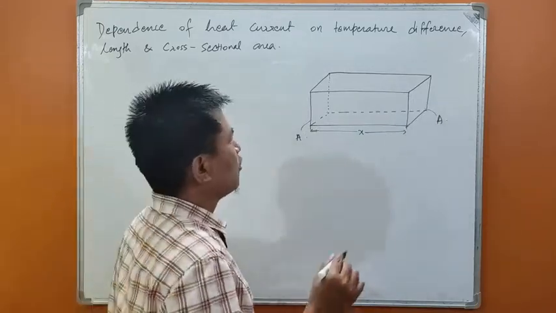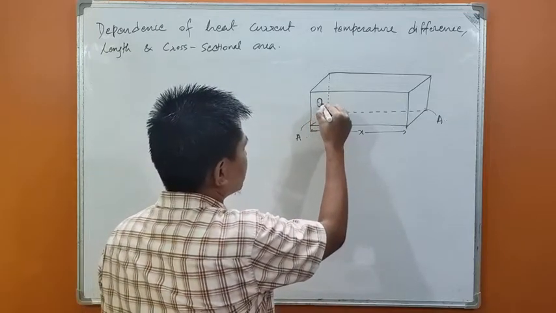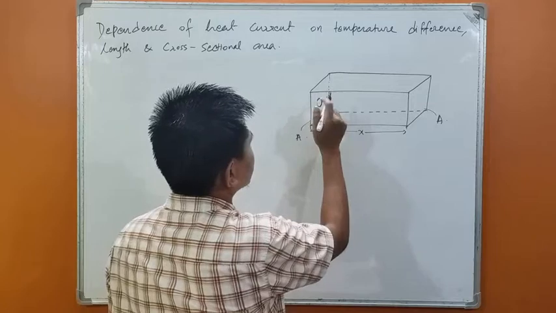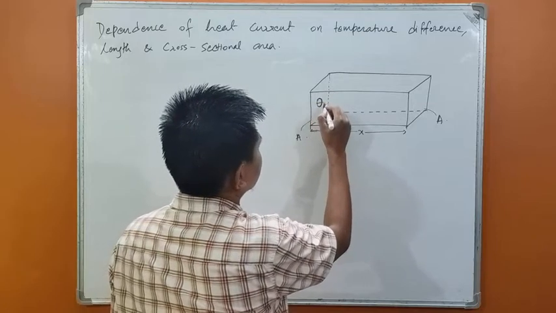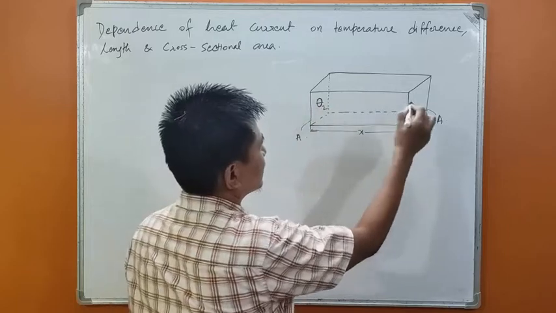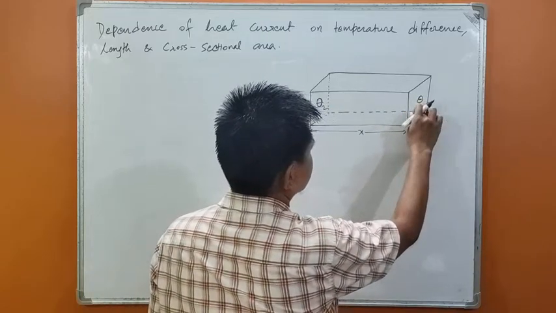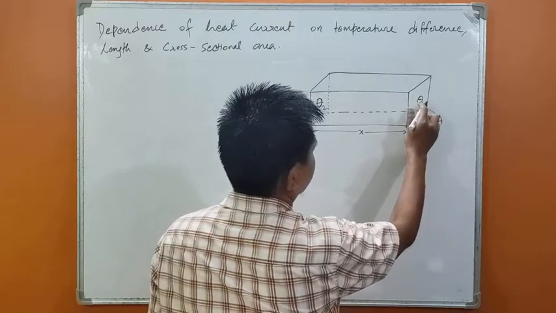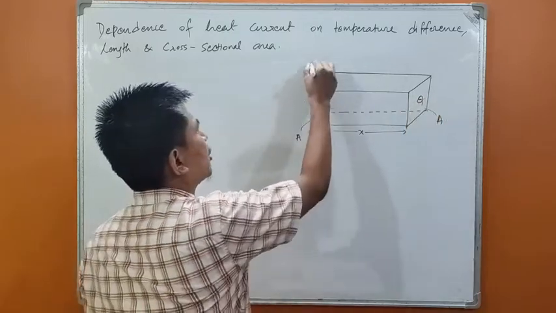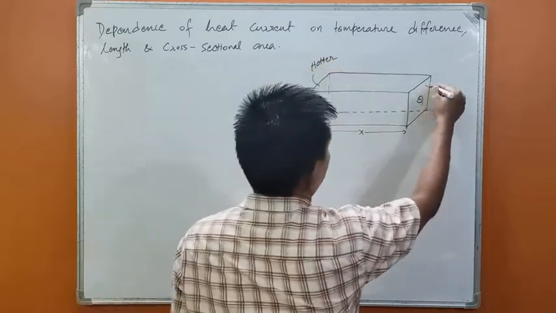Now suppose this surface of the material is the hotter surface, with temperature theta 2 degrees Celsius, and this surface is the colder surface, with temperature theta 1 degrees Celsius. Are you getting me?